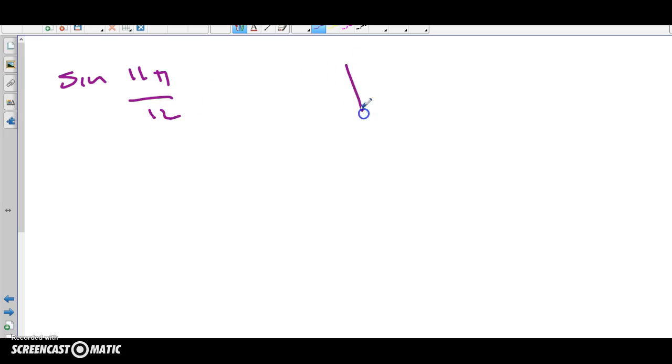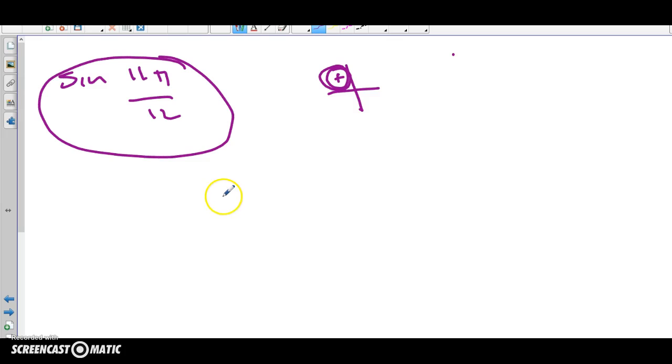Well, let's figure out what's going on here. Okay, so 11 over 12 pi is just less than 1 pi. So I'm going to end up in this quadrant here. That's quadrant 2. Quadrant 2 from CAST law tells you that your final answer is positive. So I need the positive answer of this, and then to get the related angle, pi minus theta is equal to 11 pi over 12.